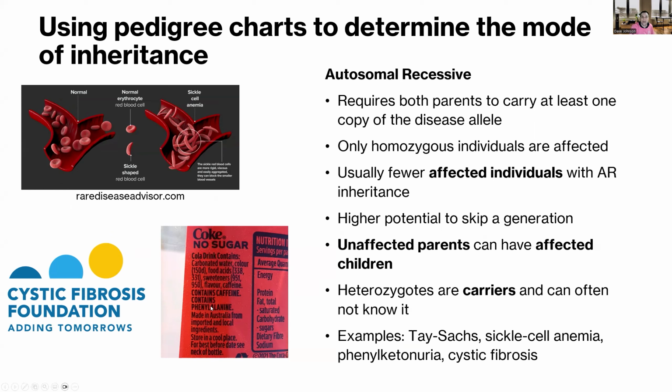You may have seen this on almost any can of diet soda. You're going to see, warning, contains phenylalanine. Why? Because the fake sugar they put in there, aspartame, has phenylalanine associated with it. And as a result, people who have phenylketonuria need to be careful with this because it can lead to an overabundance of this. Cystic fibrosis, another example of an autosomal recessive disease that's inherited through this modality.